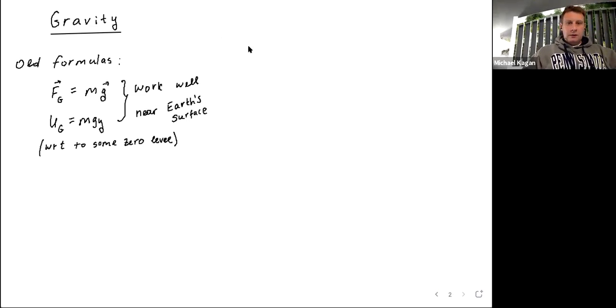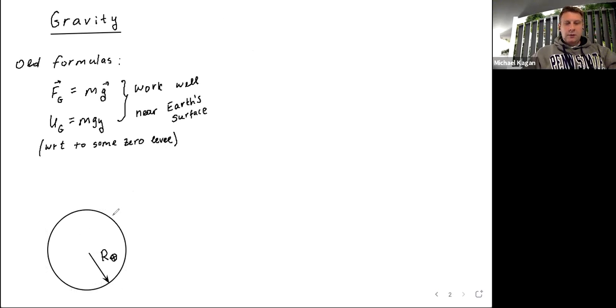So let's understand what that means numerically. This is Earth. This is Earth's radius, and we'll use this symbol to represent that. As you may remember, the radius of the Earth is approximately 6,400 kilometers, or 6.4 million meters.